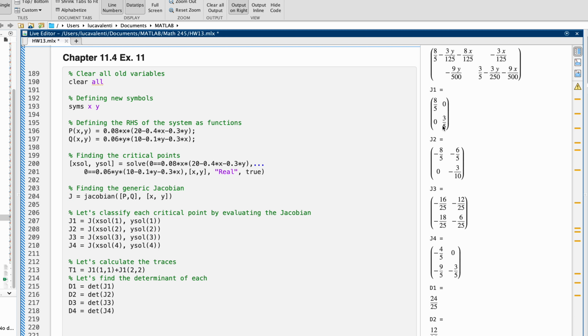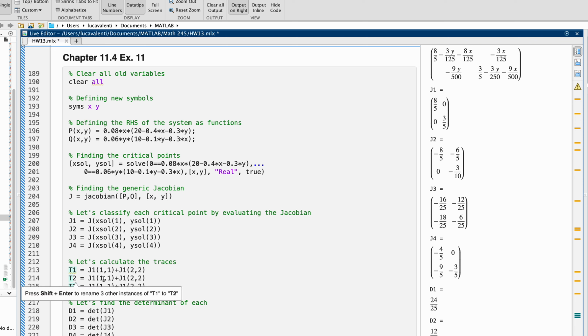We're adding these two together. The trace is always the diagonal, so I can also use copy and paste here, and then change the subscripts to 2, 3, 4. We don't want to change the stuff in here because we're always looking at the first row, first column, second row, second column.